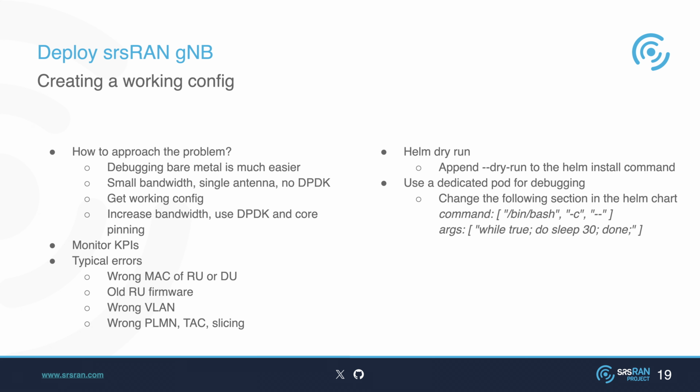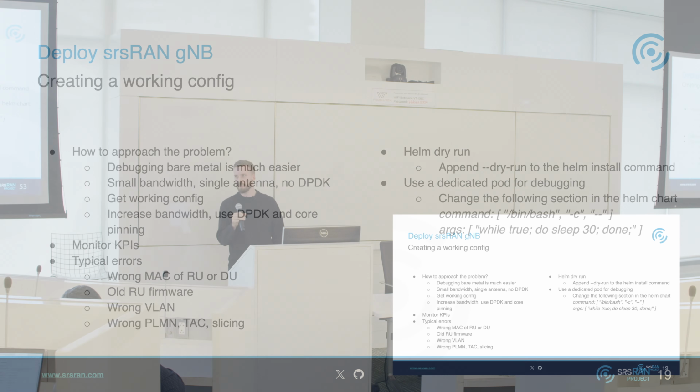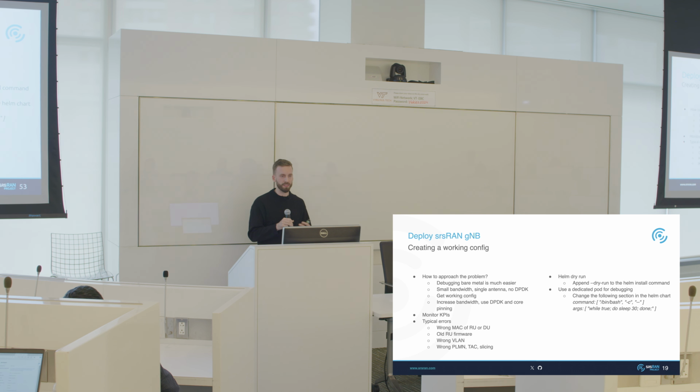I always recommend in the beginning, don't start with 4x4, 100 megahertz. This doesn't make sense. It has a lot of pitfalls where stuff can go wrong, so choose maybe 20 megahertz, single antenna, no DPDK, BFP9, something that is easy to configure and doesn't give many potential errors.